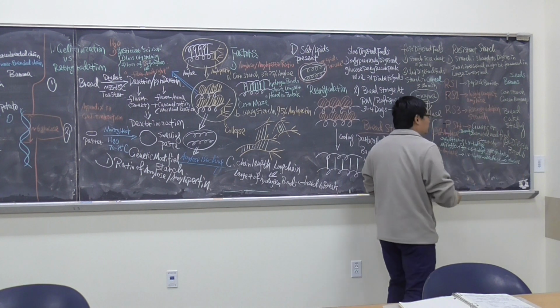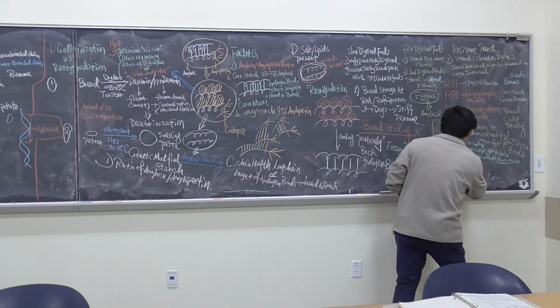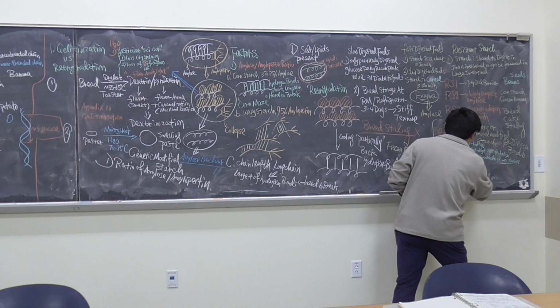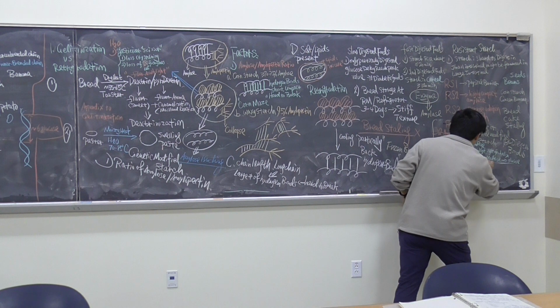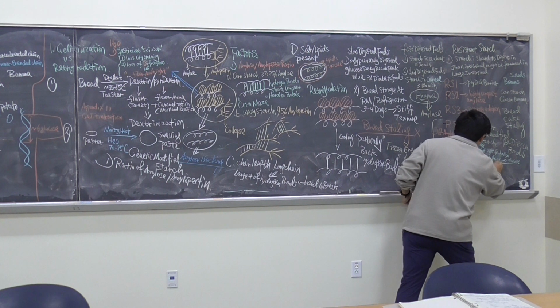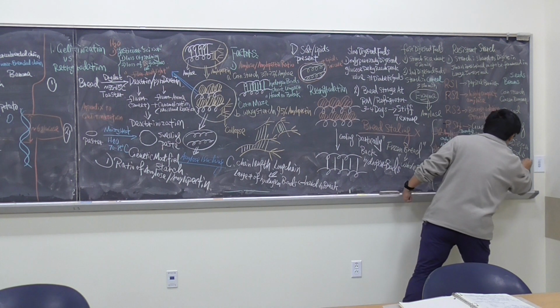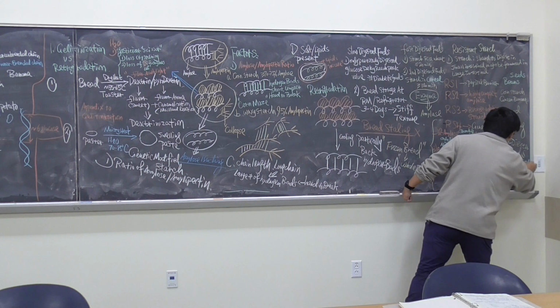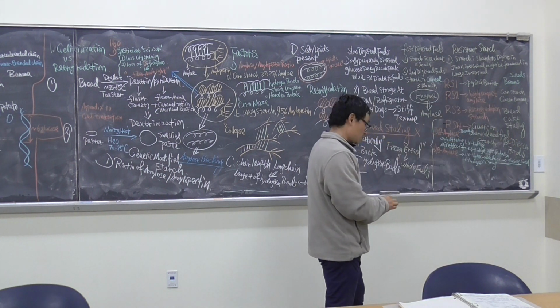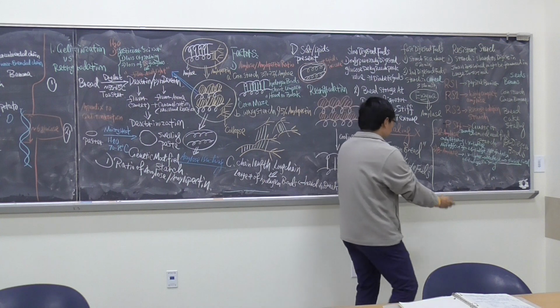However, the 1,6 linkage is still existing. So the free available glucose is limited. Not that much, because amylopectin is still there.